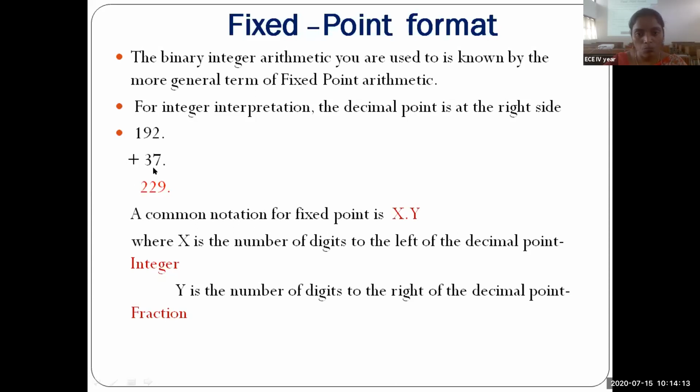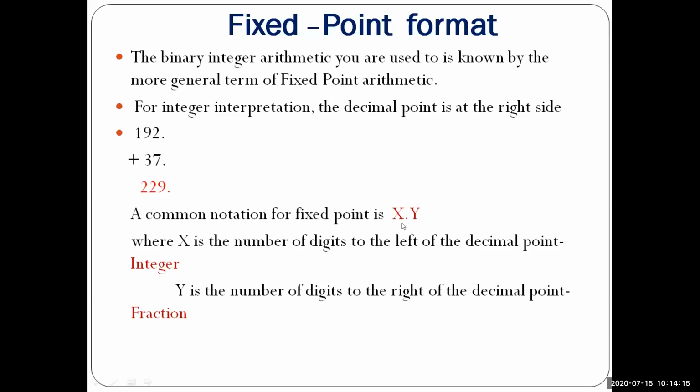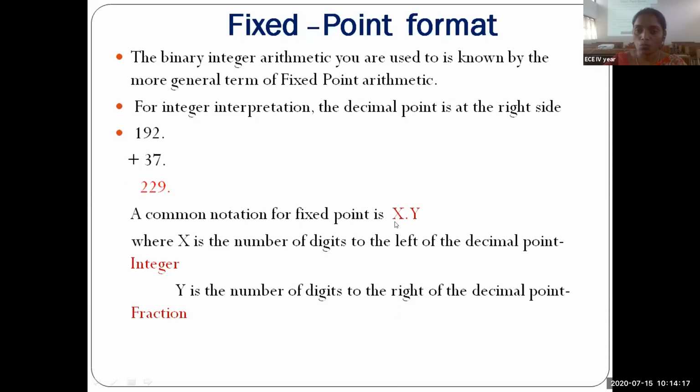This is called a fixed point integer. Suppose you consider a number which contains both integer as well as fraction. I am taking the same number, 5.625. Here x is 5 and y is 0.625. So x is the integer and y is the fraction, right? How do you differentiate which is integer and which is fraction?